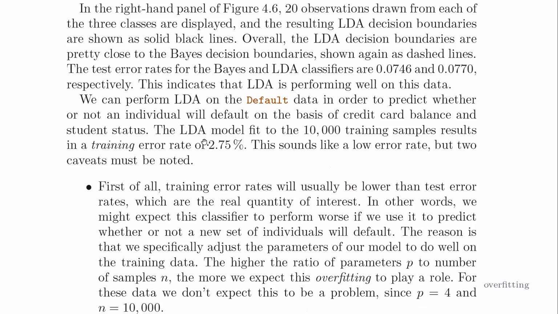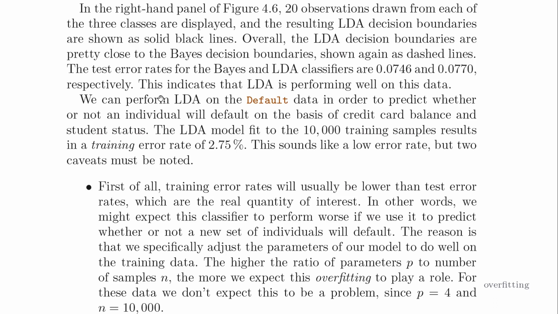Now, the LDA model fit to the 10,000 training samples results in a training error rate of 2.75%. Let's just have a look. I think I have to start reading from here.